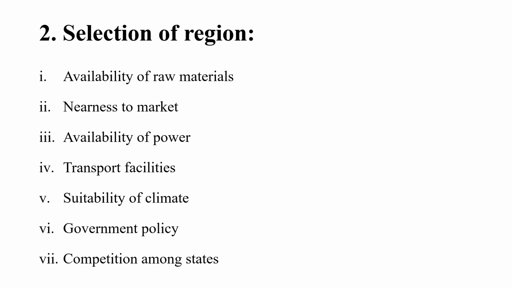Next one is competition between states. The states will give a number of offers for the manufacturing units. They are giving some subsidies in the name of investments, and they are going to reduce the tax. We are going to have exemptions for specific goods.